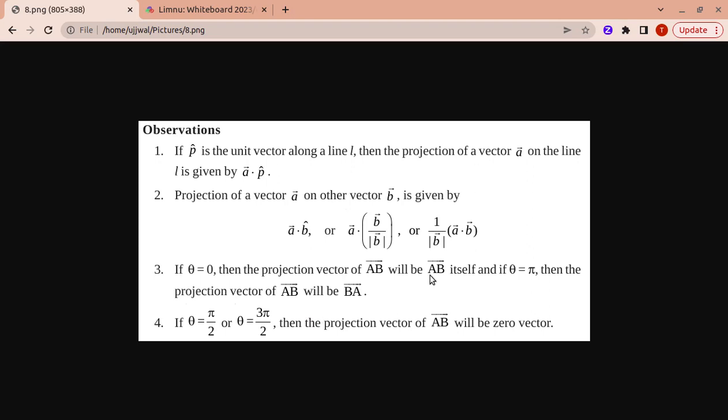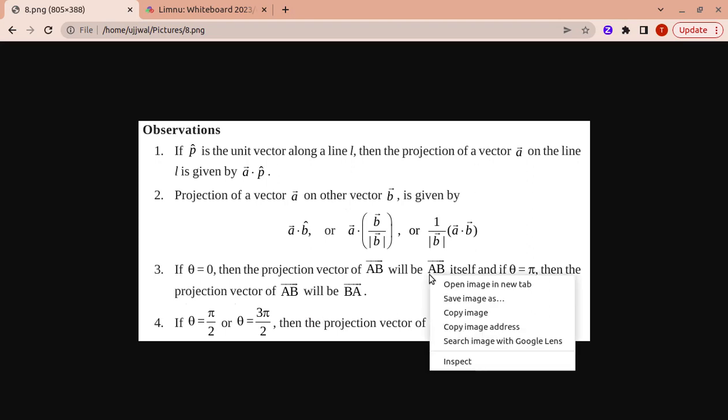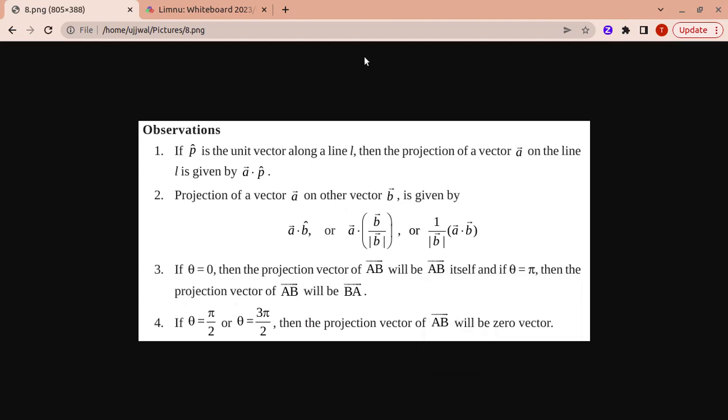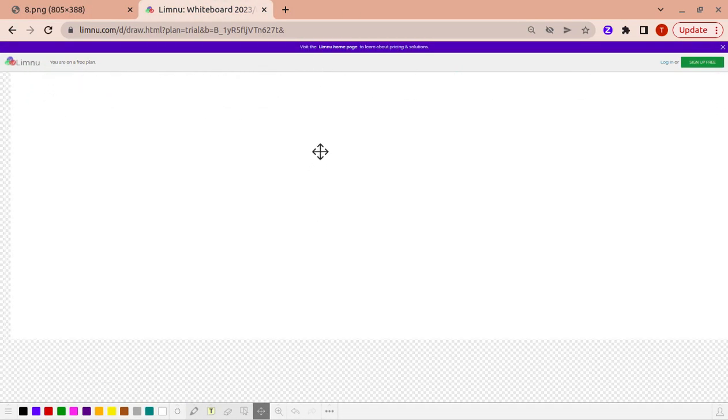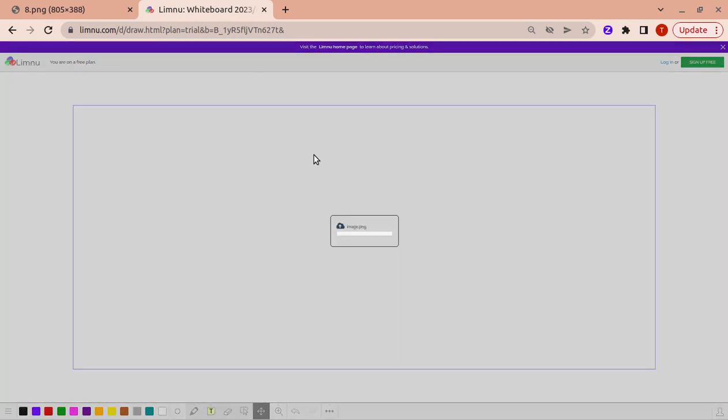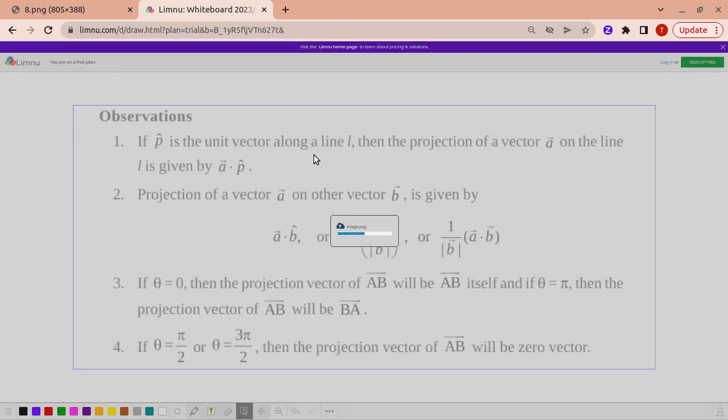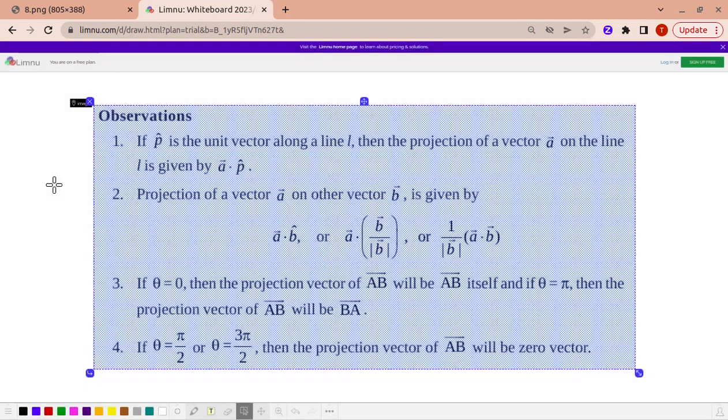There are some observations on these projection vectors that we are going to discuss now. So the first one, let me first place this note here, and after that I am going to explain.